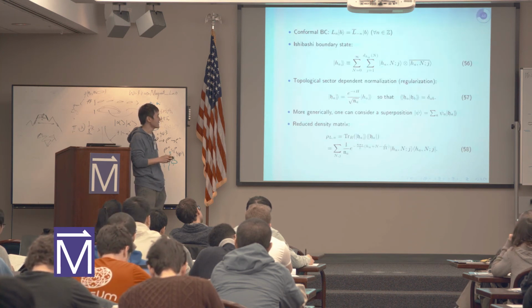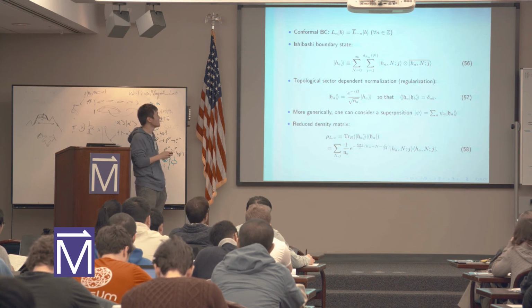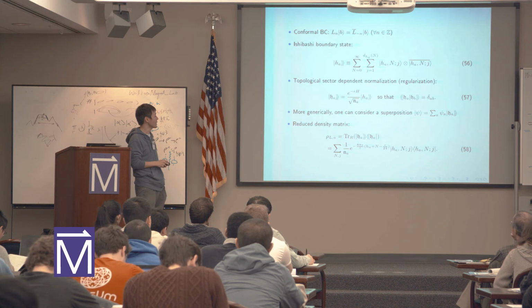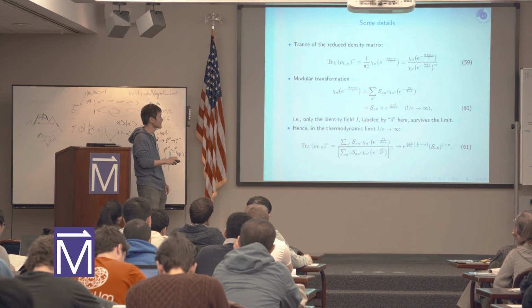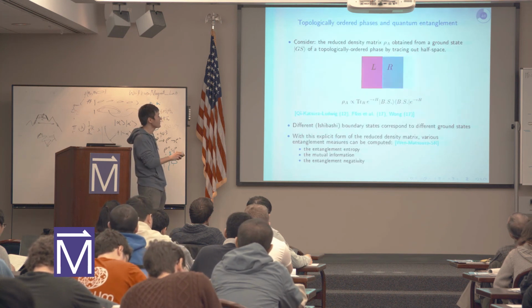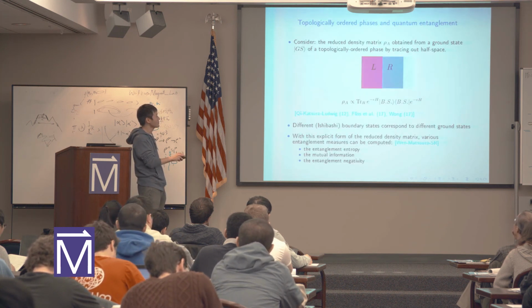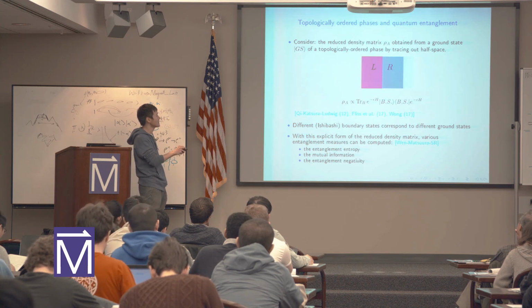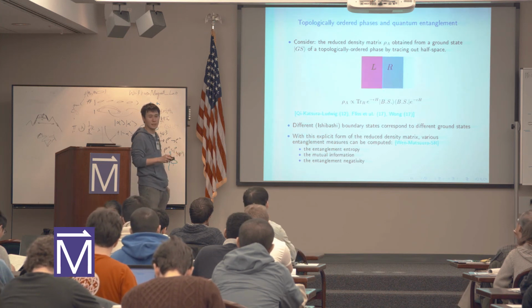But from here, we essentially just do a brute force calculation. The density matrix is given by tracing out part of this boundary state. Maybe I forgot to mention, but in this formula I have two degrees of freedom living near the left and the near right, and they have opposite chiralities.